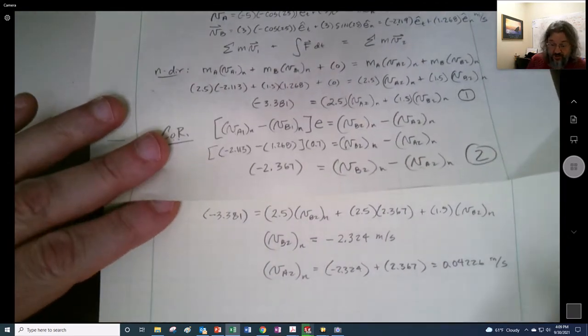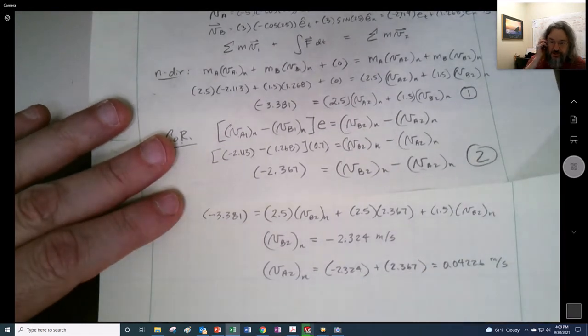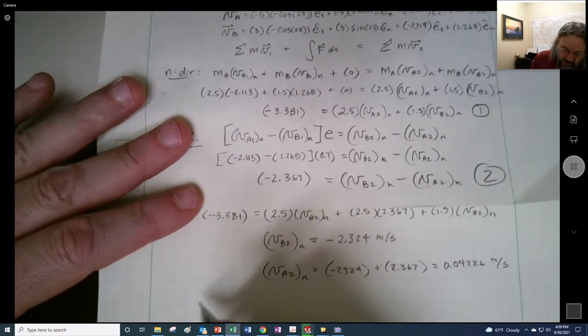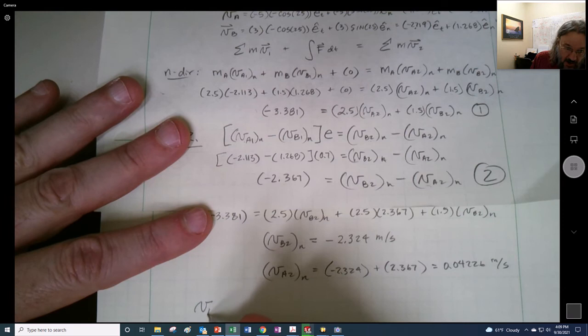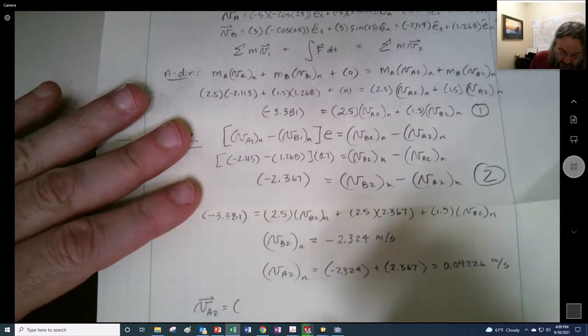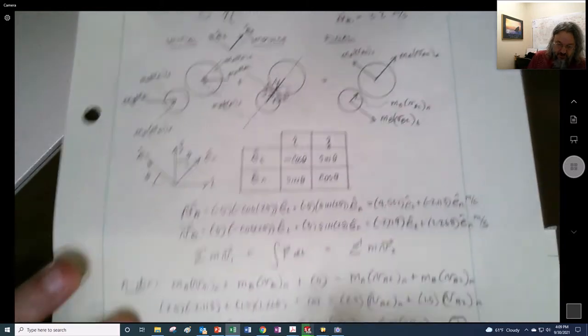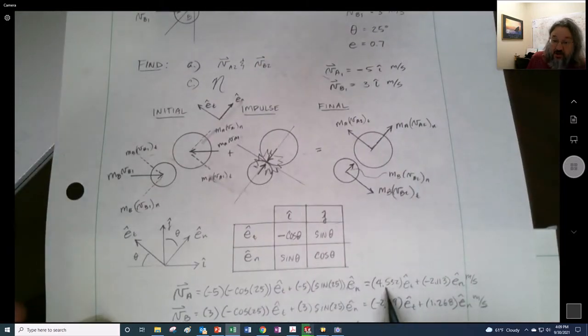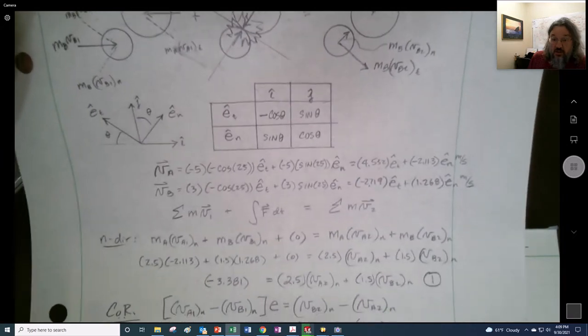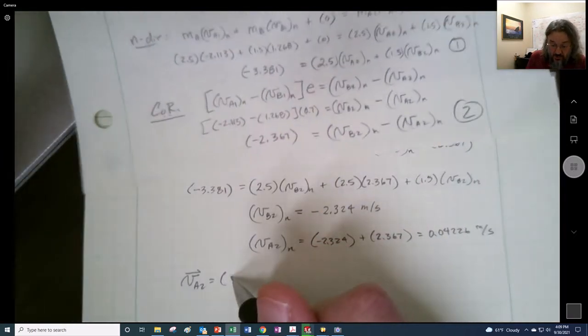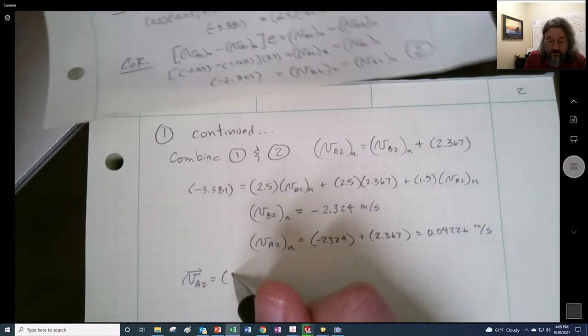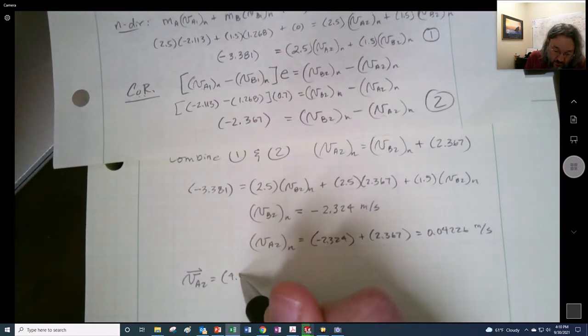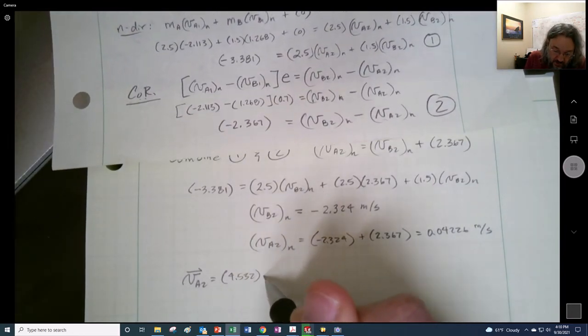What we need to do now is write out the new vectors. So here's VA2. In the tangential direction, it never changed, right? So this value never changed. So it's still going to be, I'll write this out here, 4.532 ET.